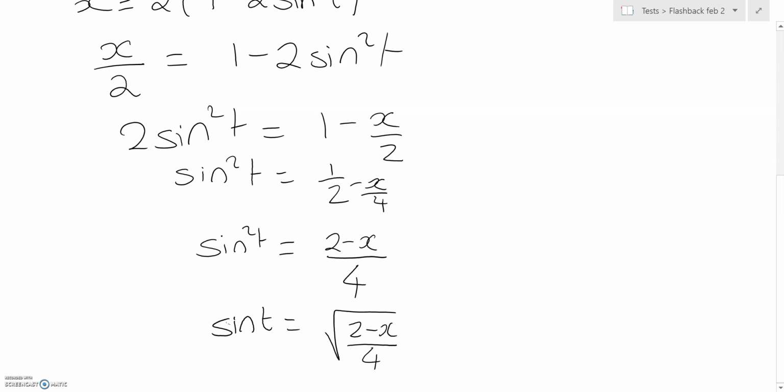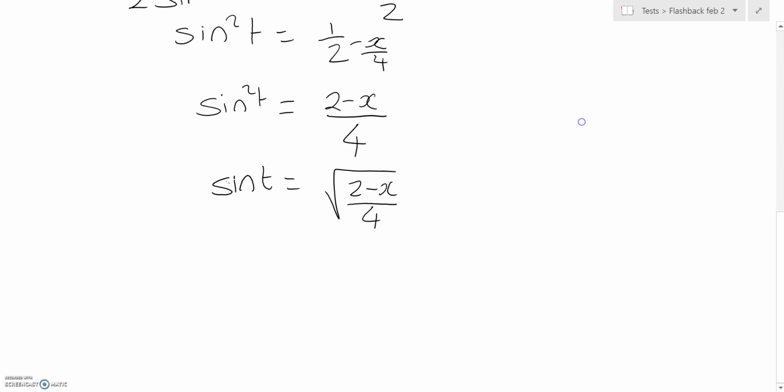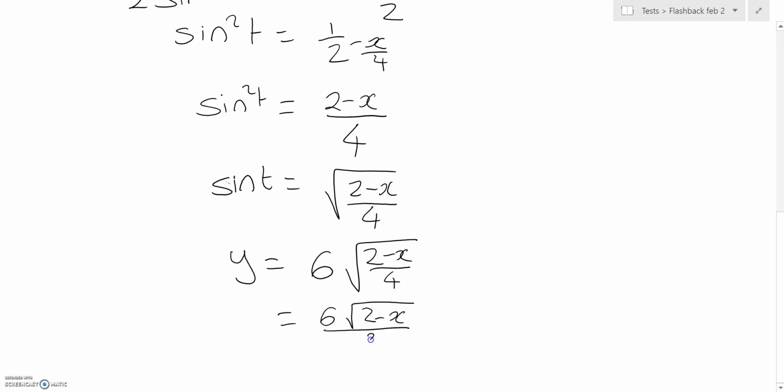And now we can go back to the question and see that y was equal to 6 sin t, so y is equal to 6 lots of this. Notice that our denominator is 4, which is a square number, so we could do the square root of 2 minus x all over 2, and so this simplifies to give us 3 lots of the square root of 2 minus x.